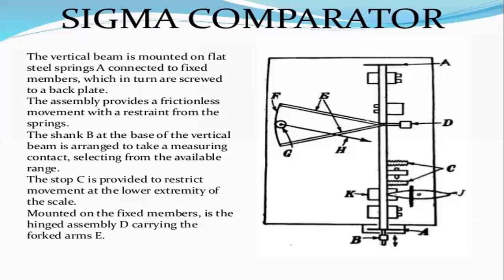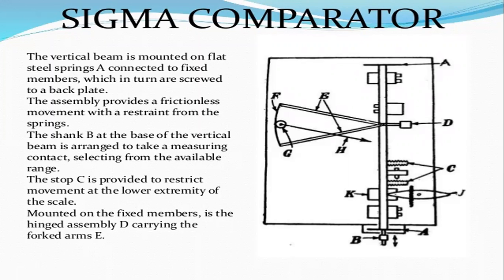And the stop C is provided to restrict movement at the lower extremity of the scale. So at the lower extremity of the scale, this is the stop C which is provided.